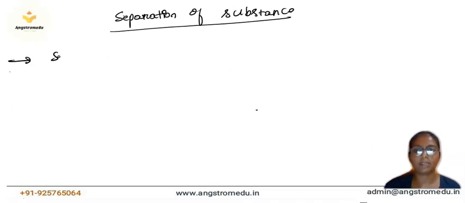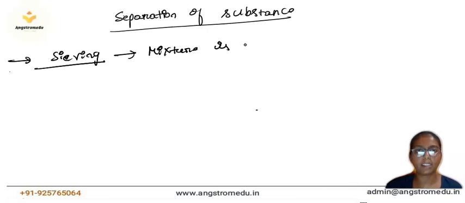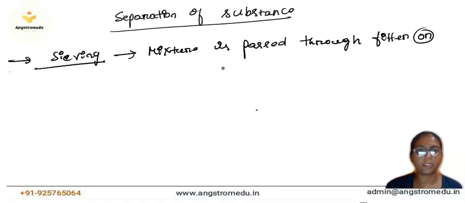The next one is sieving. Sieving is a technique or method used to separate, where the mixture is passed through a filter or a sieve.